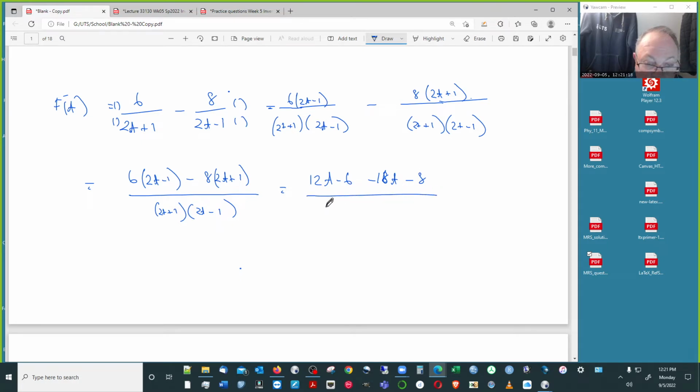And what do we got there? 4t squared. These are the difference of two squares. Okay, so you can just write 1. Now I better explain that. So let's just fix this up. 12 minus 18, is it? 2 8s are 16. 16, yep.